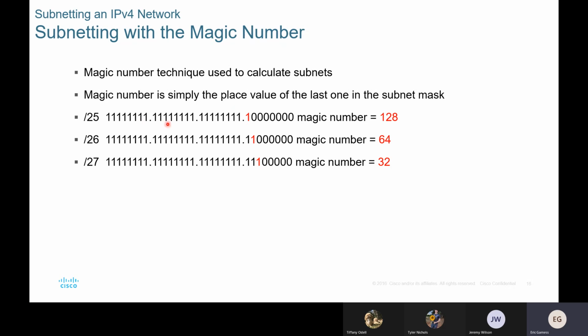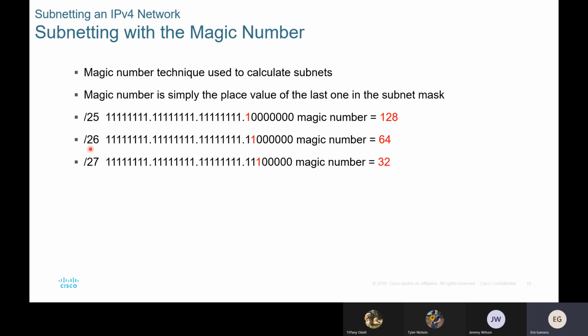So 8 plus 8 plus 8 plus 1 will be 25 ones. To get the magic number, you find the last one, and the value of this last one will be the magic number. The last one in the series of ones is this one, and this one is 128. So the magic number for this mask will be 128, and it is in the 4th byte.